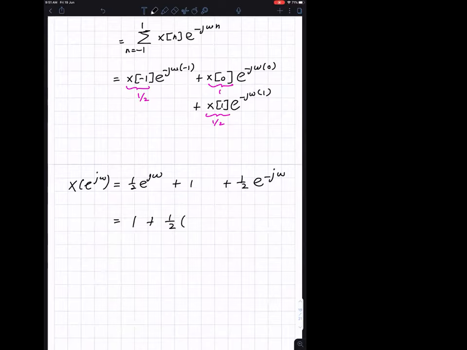Factor out the 1/2 and combine the exponential part.